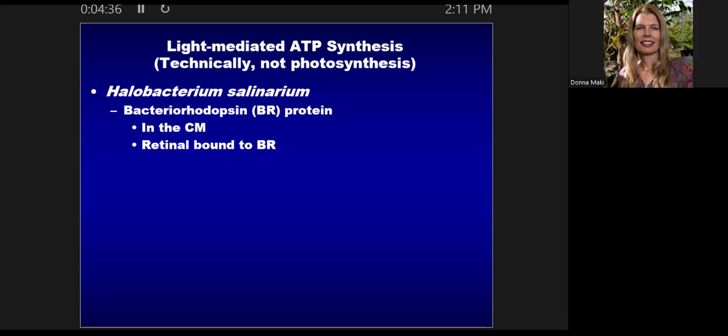This may sound kind of familiar, rhodopsin, retinal, because our eyes function in a somewhat similar way to some of the systems we have for capturing light. But anyways, it's a carotenoid-like pigment, and what it does is it absorbs light energy.